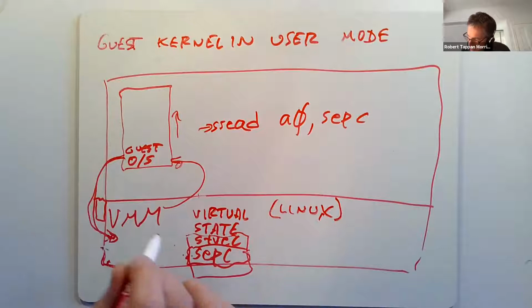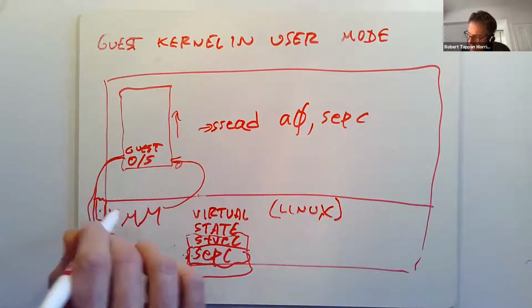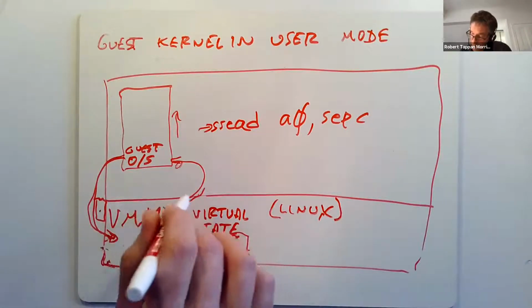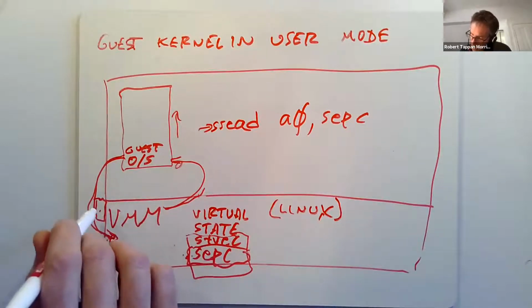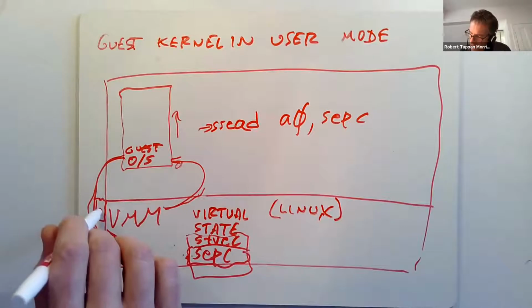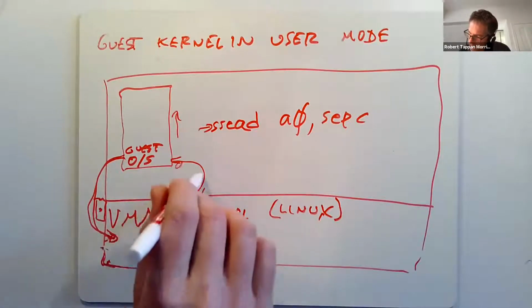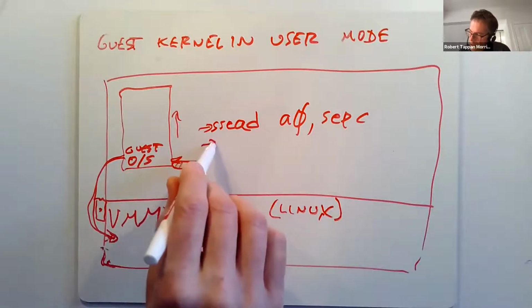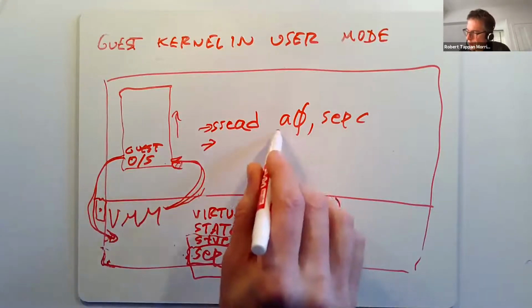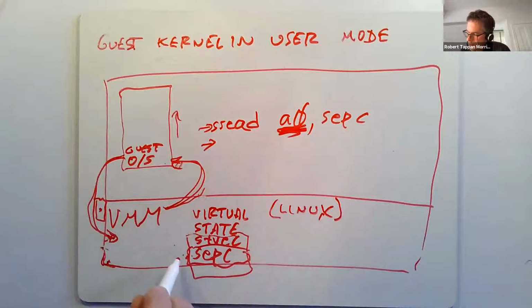It'll copy this SEPC into A0 in the trap frame, then return from the trap using SRET. After copying the trap frame registers into the real registers, it returns from this trap to the instruction after the S read and continues there with A0 now set to the virtual SEPC.